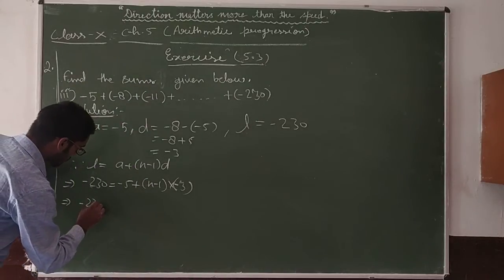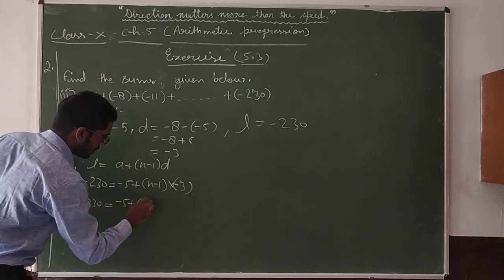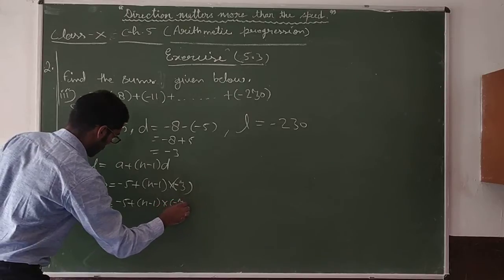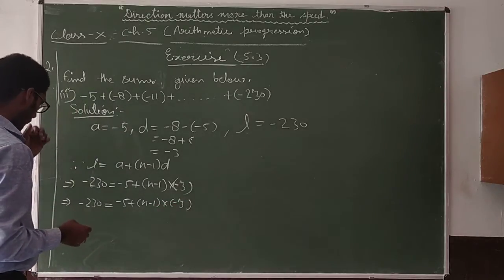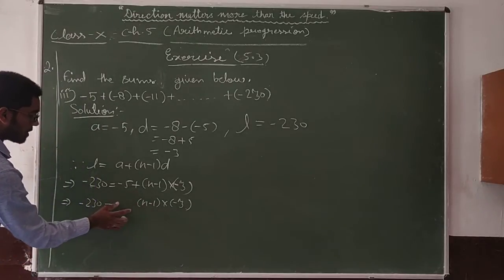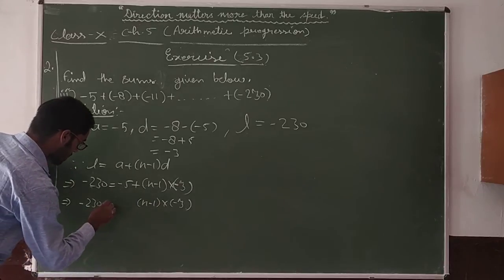Minus 230 is equal to minus 5 plus (n minus 1) into minus 3. When you transpose minus 5 to the LHS, it becomes plus 5.